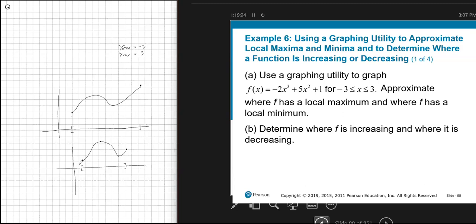Calculate? Yeah. In the TI graphing calculator, if you hit the calculate button, which is second trace, a window shows up and you can scroll down for maximum and minimum. And you've got to give it boundaries to mess with.